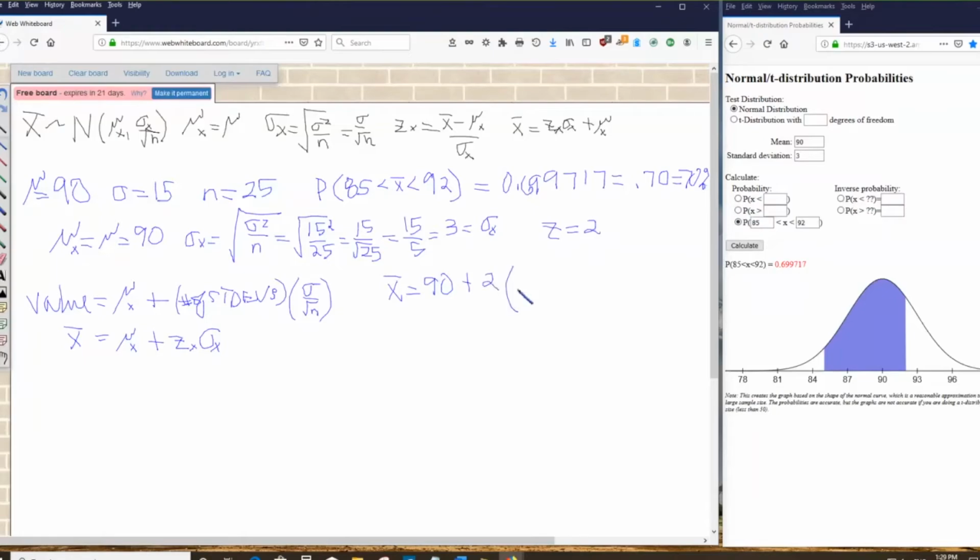And then we're going to get our standard deviation, and that's a 3. So 2 times 3 equals 6, plus 90 is going to give me 96. So 96 is the value that is 2 standard deviations above the mean. Any questions about how I solved for that?